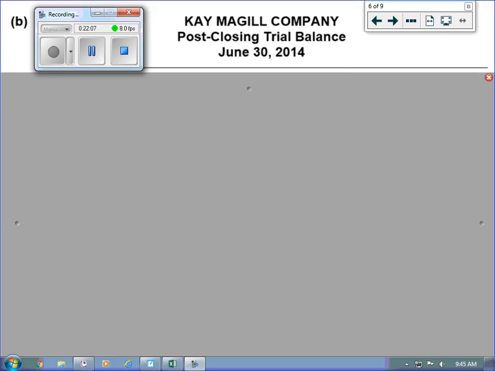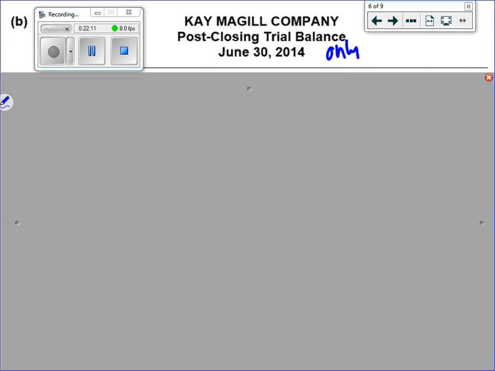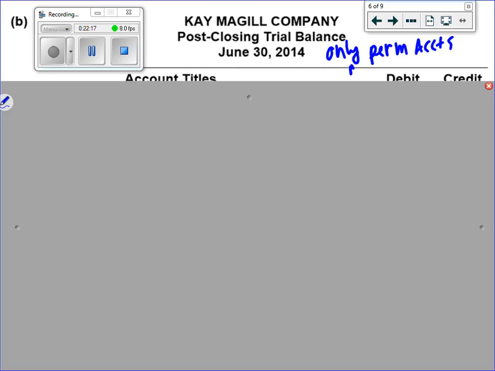The only thing you'll see on here, and I want you to write this somewhere, only permanent accounts. So the assets, the liabilities, and the capital, because everything else has a 0 balance at this point because we've zeroed them out. Hence the name post-closing. We're doing this after we've closed.